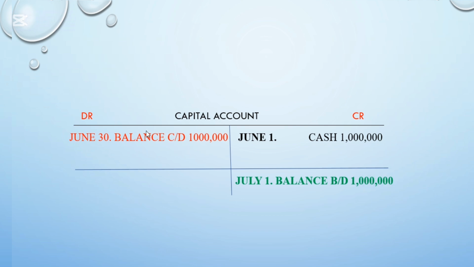Balance carried down is supposed to be found in the side which has the lesser amount, so that the debit side and credit side can automatically be balanced, and the balance brought down is found in the same side where the account has the higher value. You can see.